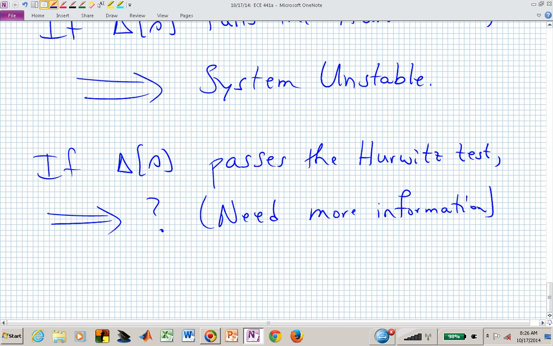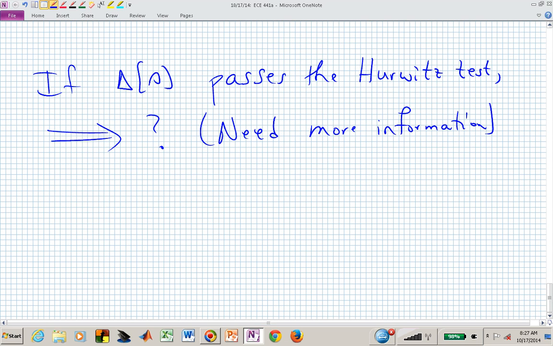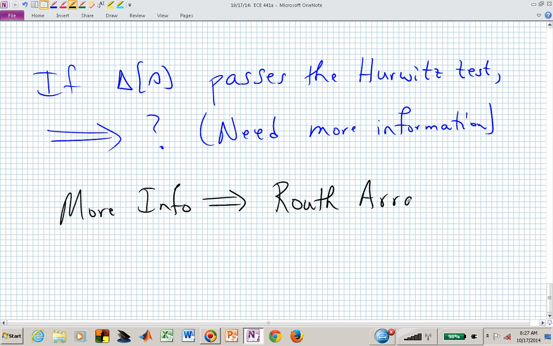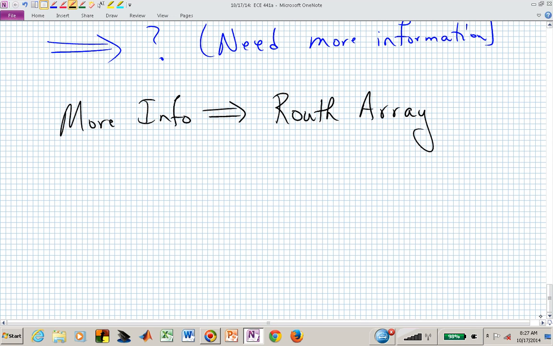The more information that we are going to obtain is coming from the second name in our criterion. The Routh is going to give us that, and that's the Routh array. We are going to now build up this array called the Routh array, and that's going to give us this additional information that we need.